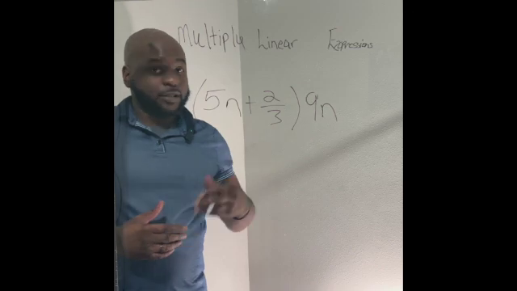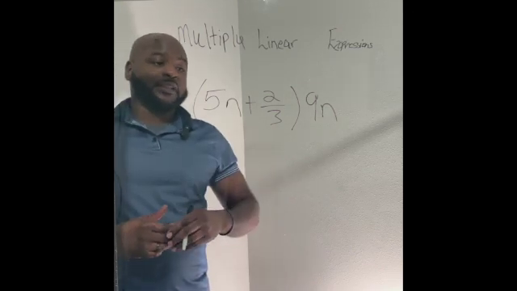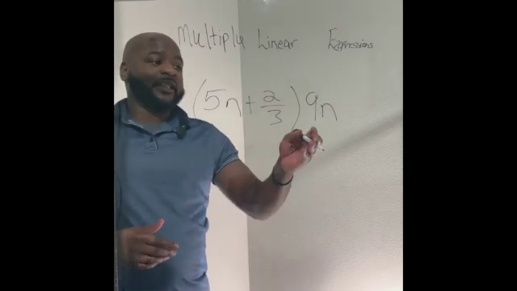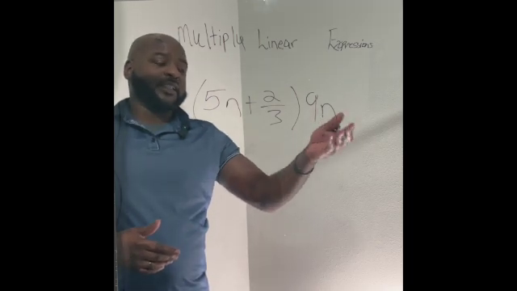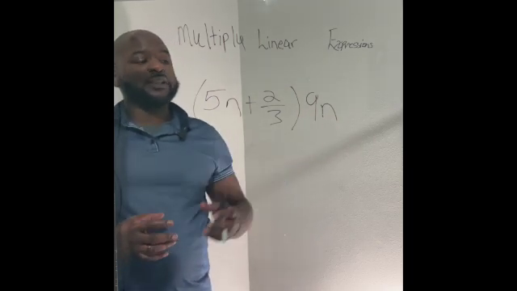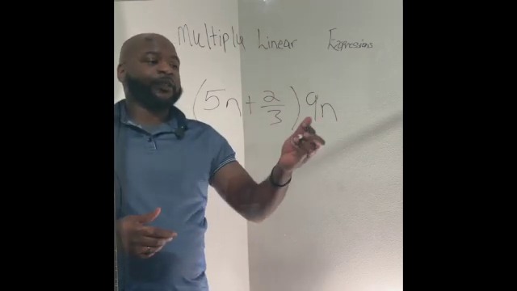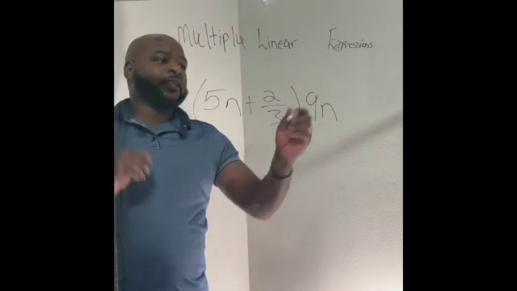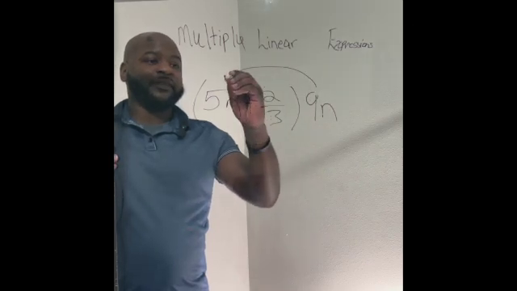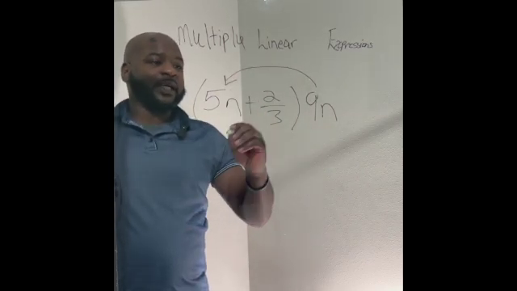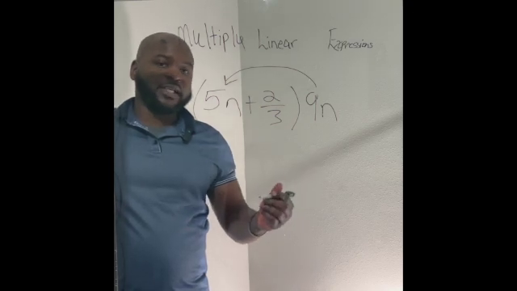So on the outside of our parentheses, we have a coefficient. This coefficient is 9 and n, right? 9n. So the coefficient is made up of a variable and a numerical value. So we're going to multiply this by 5n. So we distribute it by multiplying 9n times 5n.